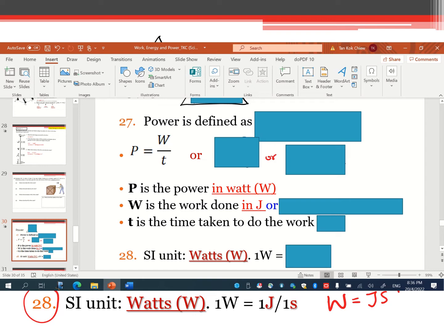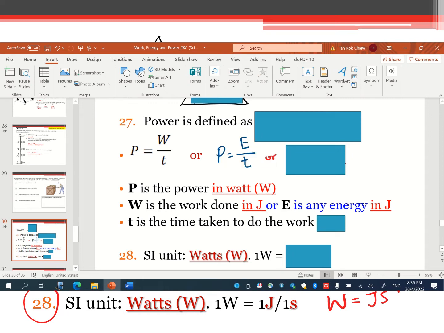Now work done, W again is in joules, or it can be energy. Remember this E part. This E part can be energy in joules. And when I say energy, it can be any kind of energy.